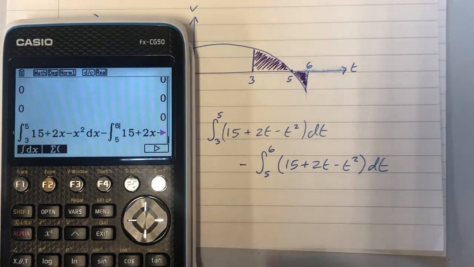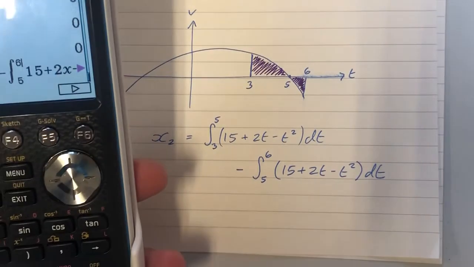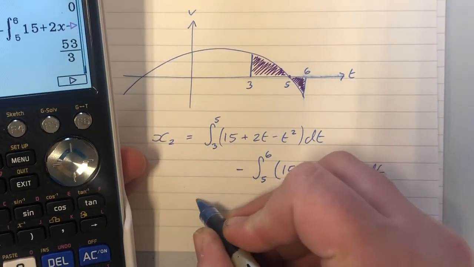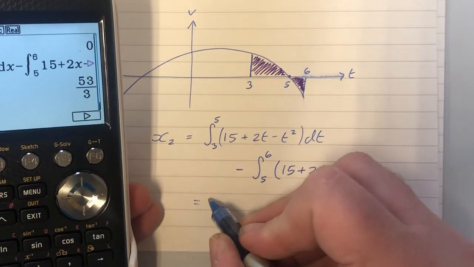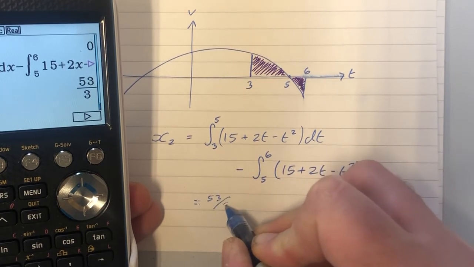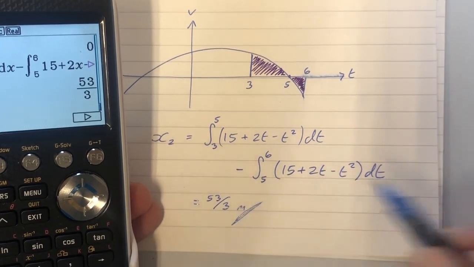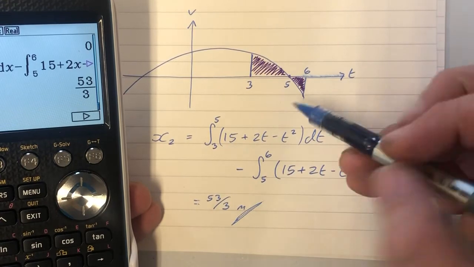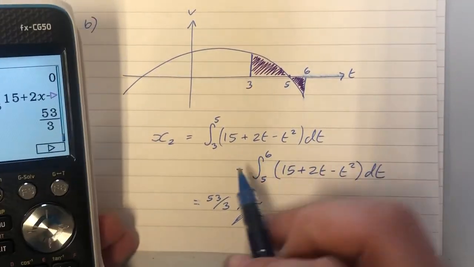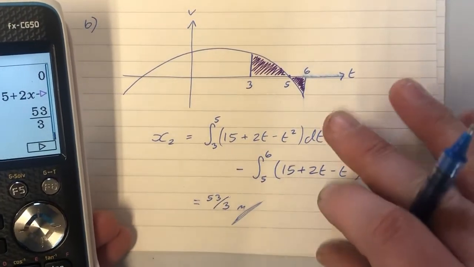I would recommend writing out the two values of the two integrals separately, just so the examiner can see that you've done the correct working, just in case you do something wrong. Or it might be worth even popping in the actual integral function.